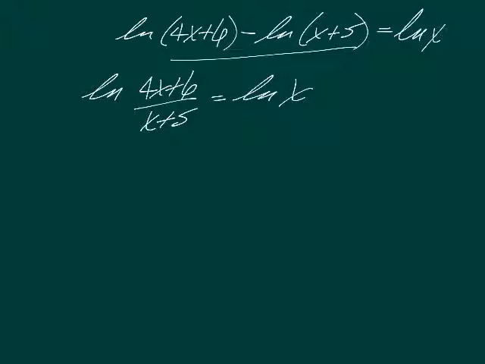The nice thing about it is the property of logarithmic equality says that if I have an ln and an ln, I can just take off the logarithm signs. So I can just write this as 4x plus 6 over x plus 5 equals x, and I can solve it, and I end up with an answer of x equals -3 and x equals 2.